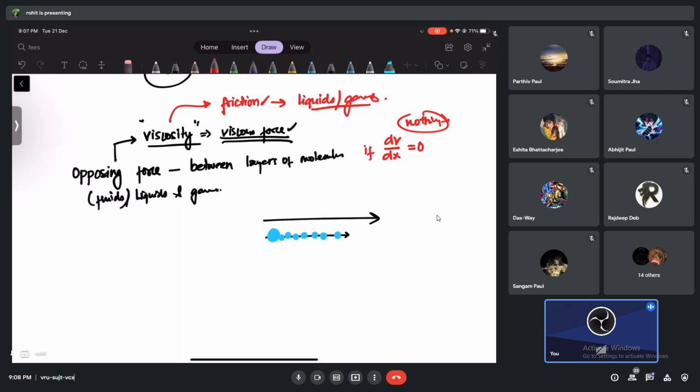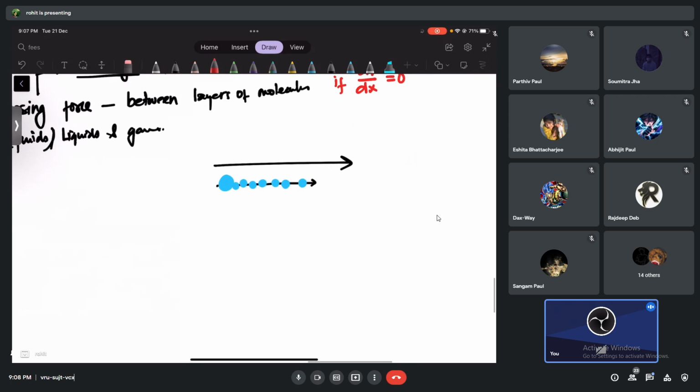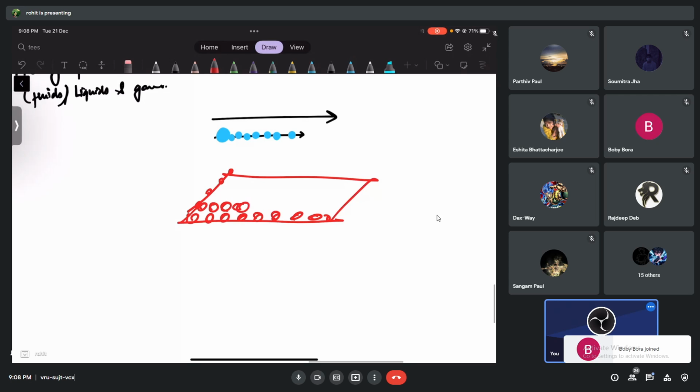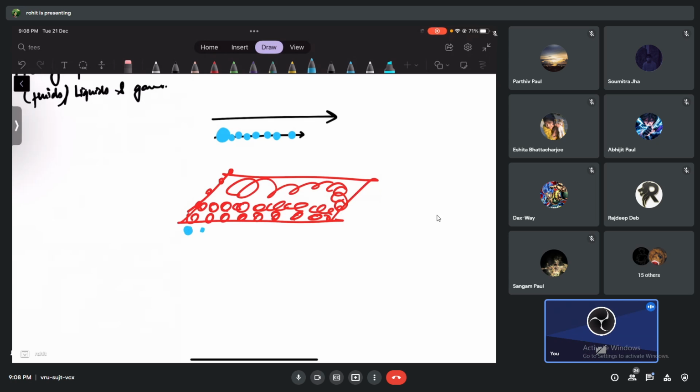Then what else have you learned just now? This viscous force, I need to write something more about it. Imagine I have now, this is the topmost layer, by the way. Let me redraw it. I drew only one chain, but I have another chain here. Very bad diagram, I know, but let me just draw it. This is the layer below it. Now you think and tell me.